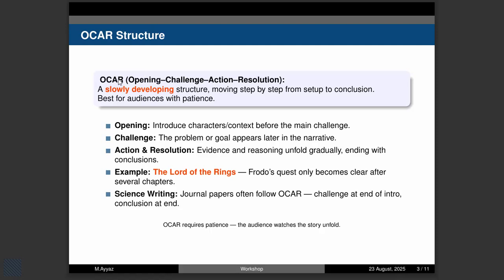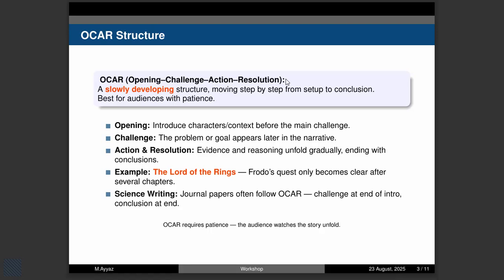So the OCAR structure is most adopted by authors who are writing papers for very specialist journals, and it is for a very patient audience. It develops the story very slowly and reveals the story in a very structured manner, and you have to wait while reading to see how the story unfolds.